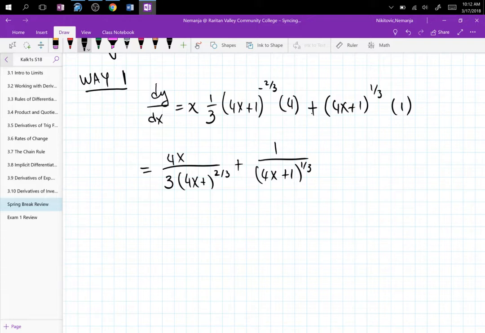And to get the common denominator here, what I need to do is to multiply the second term by 3 times 4x plus 1 to the 1/3.